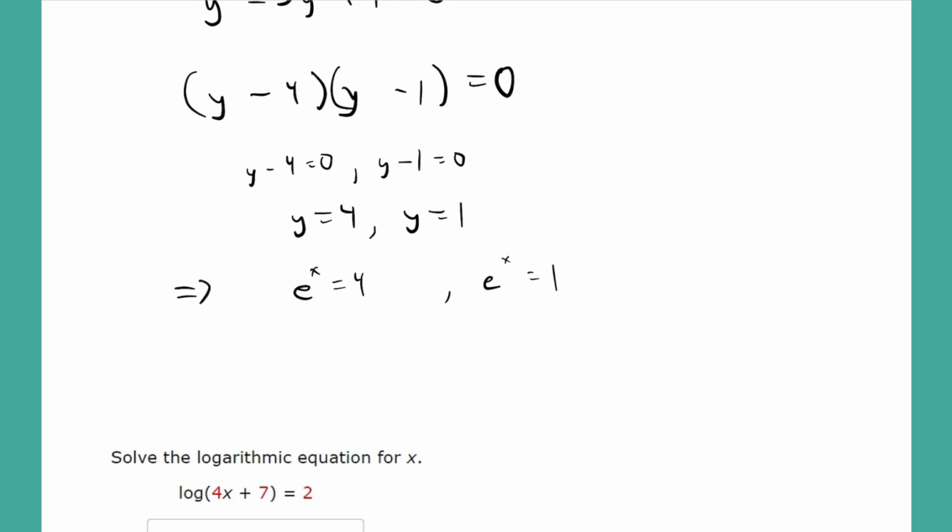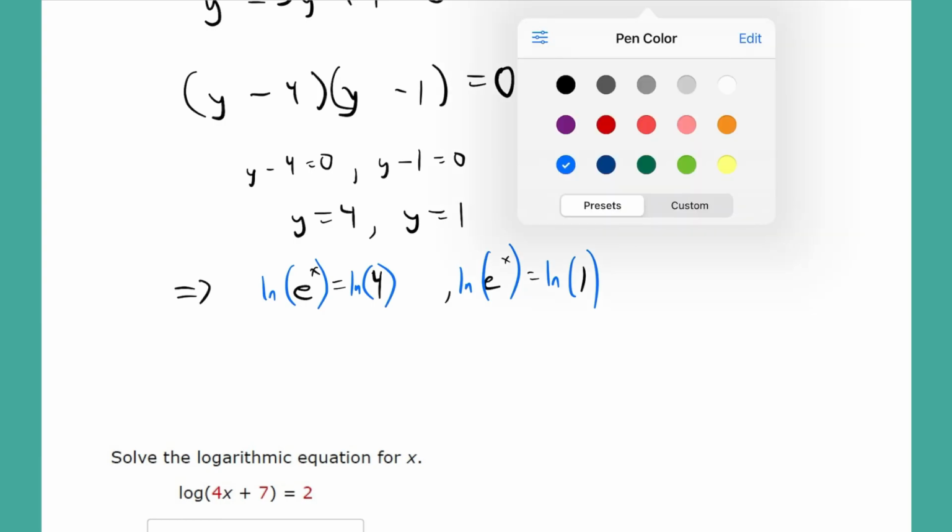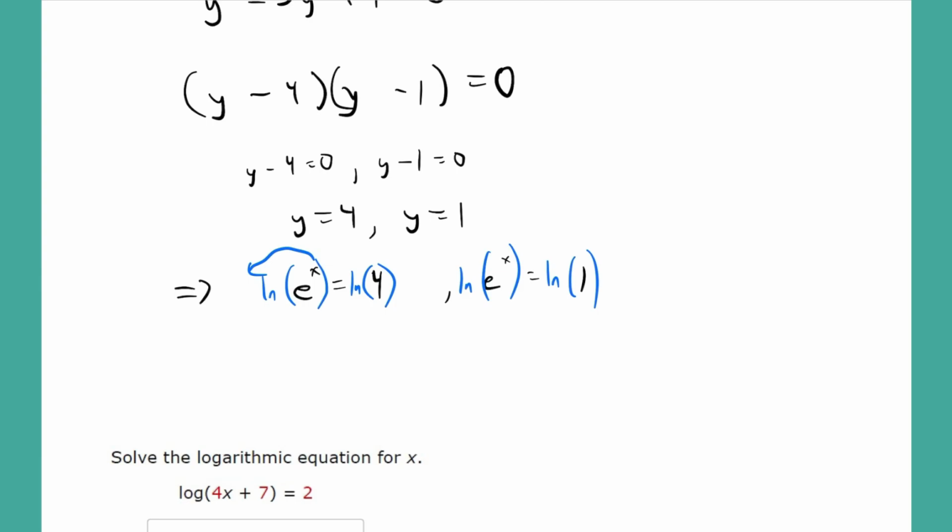So now we have these two equations where we need to solve for x, and the way we do that is by taking the natural log of both sides in order to clear out the e. So let's do that now. Natural log of both sides. And then we can go ahead and move these exponents to the front again. So now we have x natural log of e equals natural log of 4.